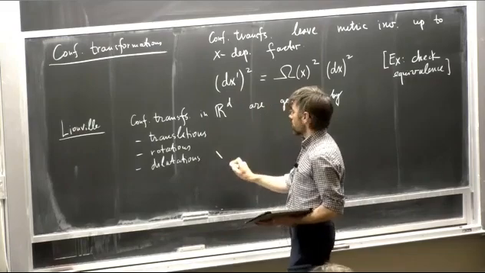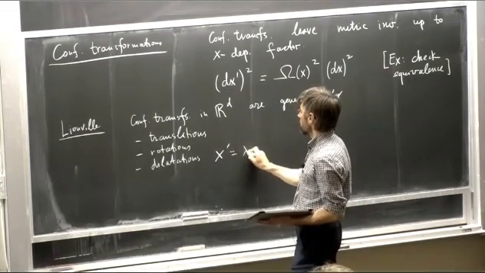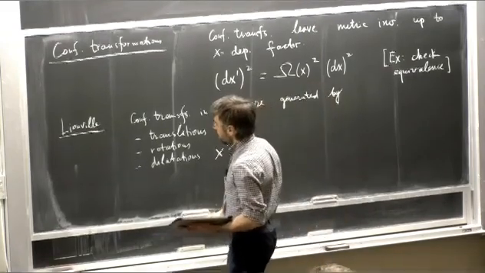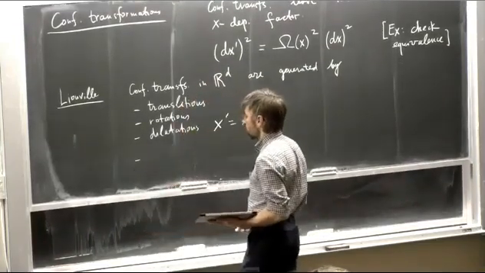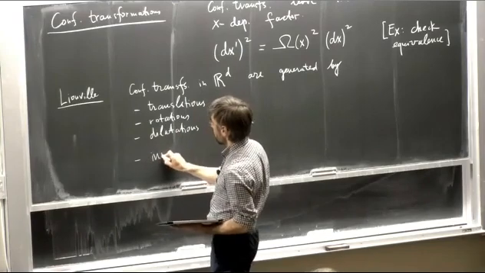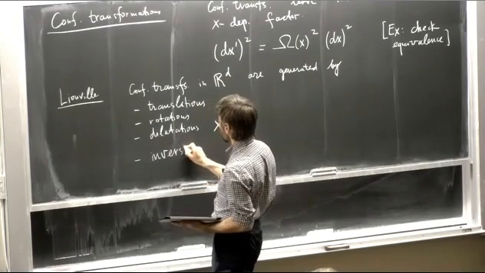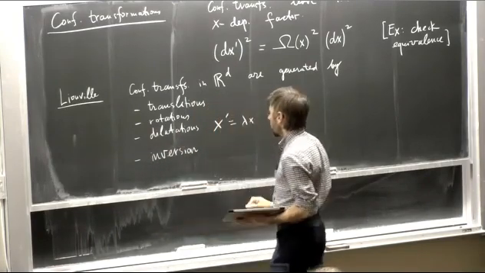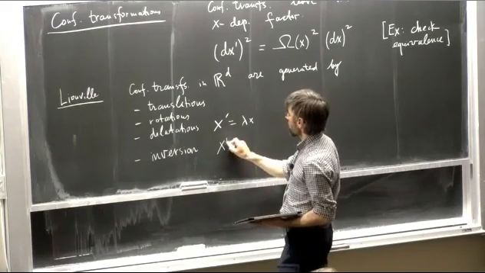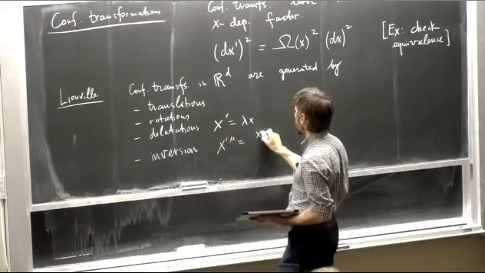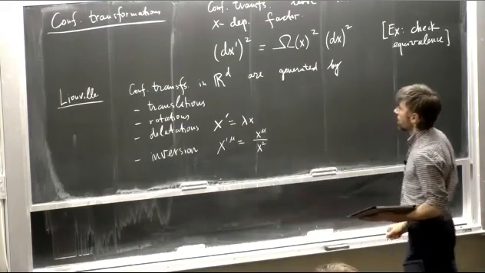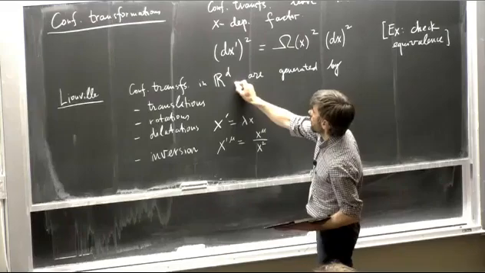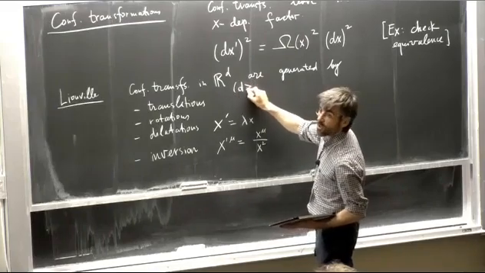We already considered those, x prime equals lambda x. And to this list, which is pretty obvious, you have to add just one transformation, which is inversion, which is given by the formula x prime mu equals x mu divided by x squared. So this theorem is true for dimensions d larger than 2.